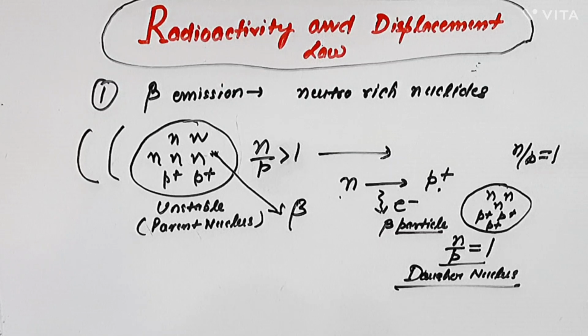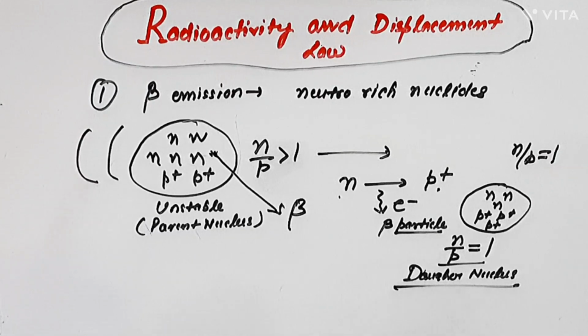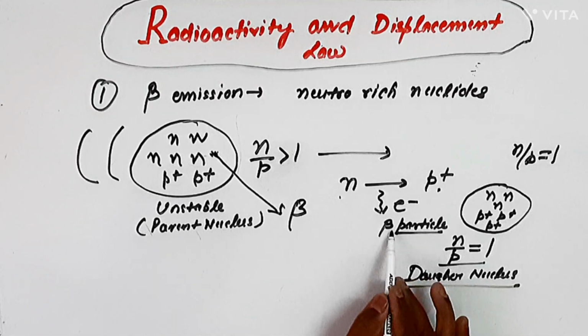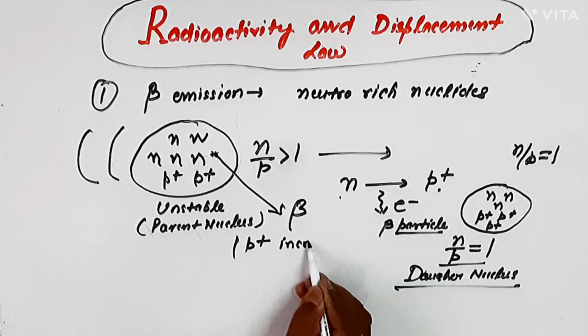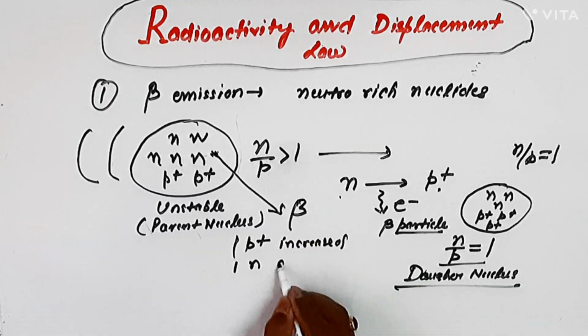In nuclear transformation, the atoms are changed, but in chemical reaction, atoms are not changed, they just recombine with each other. One thing also observed here, during beta emission, one proton is increased and one neutron is decreased.